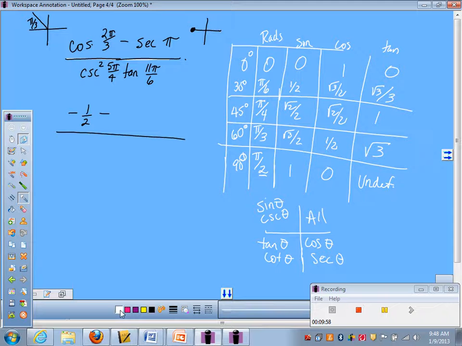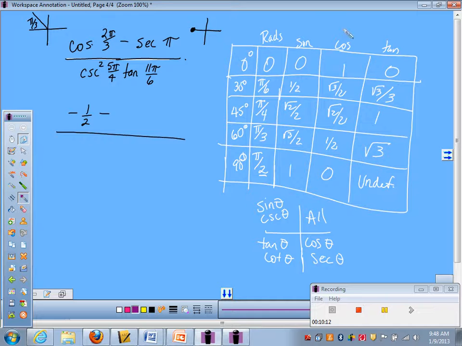So if I want to do the secant of 0, I would need to go, okay, that's the cosine of 0, because it's the reciprocal of cosine. And so cosine at 0 radians, cosine has a value of 1.